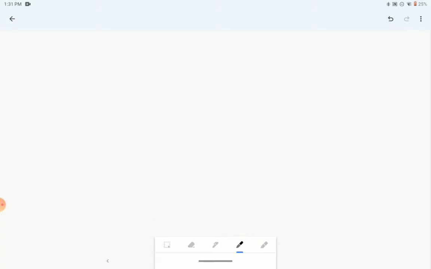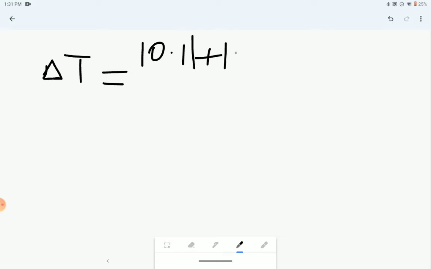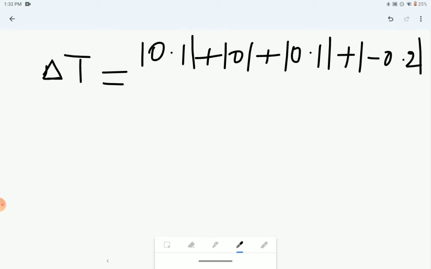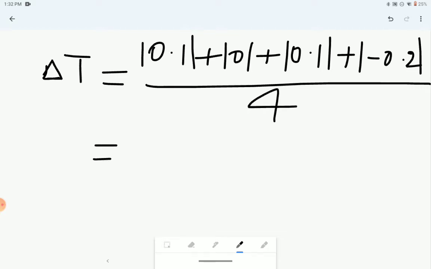So it is mod of 0.1 plus mod of 0 plus mod of 0.1 plus mod of minus 0.2 upon 4, which is 0.4 upon 4, which results in 0.1.